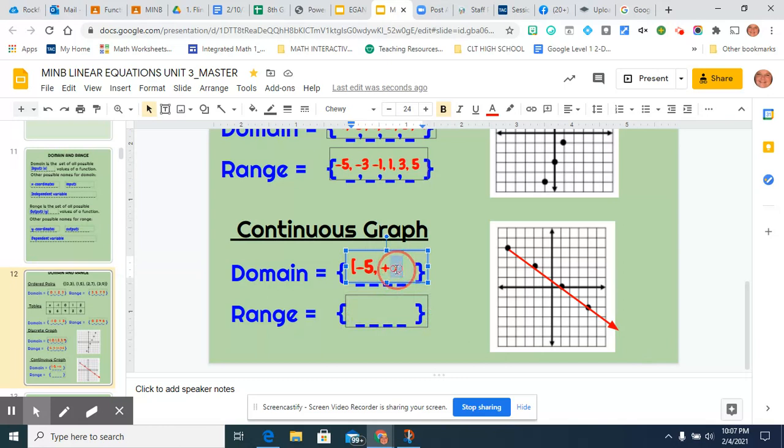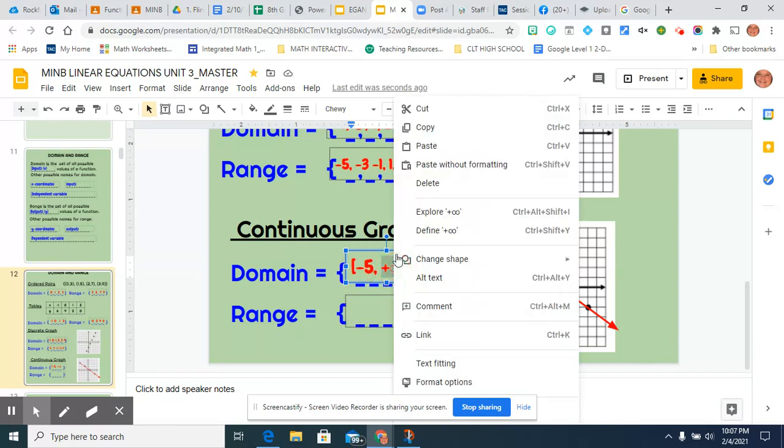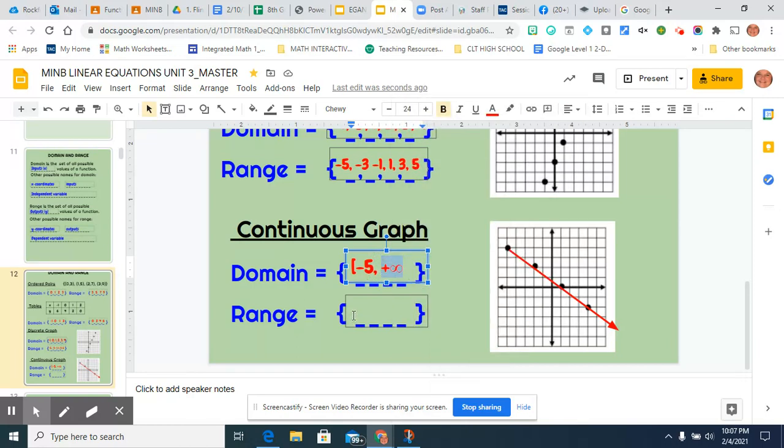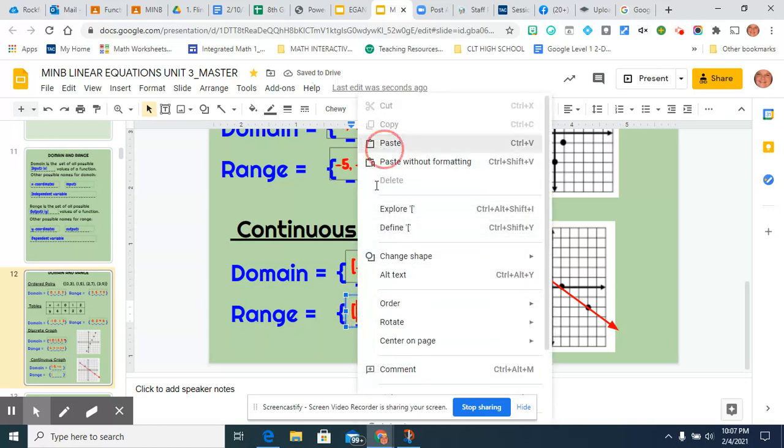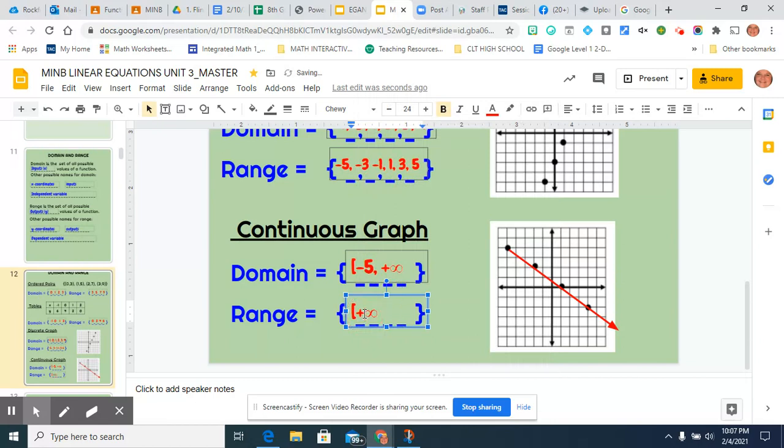So where my range starts at, because I want to go smallest to greatest, copy this down here, is actually negative infinity. So I'm going to take that out and put a little negative. And it stopped at, we said, positive 4.